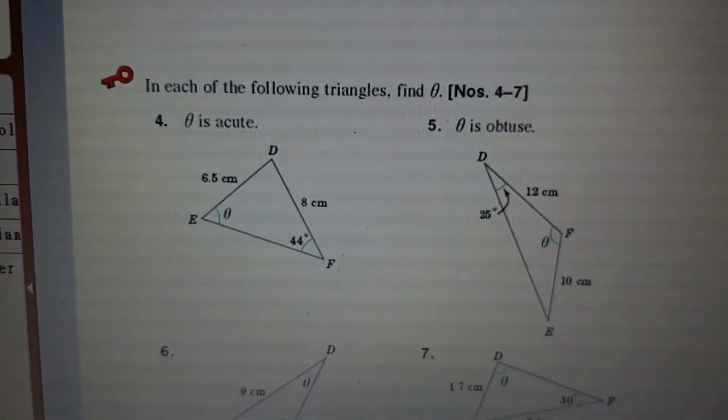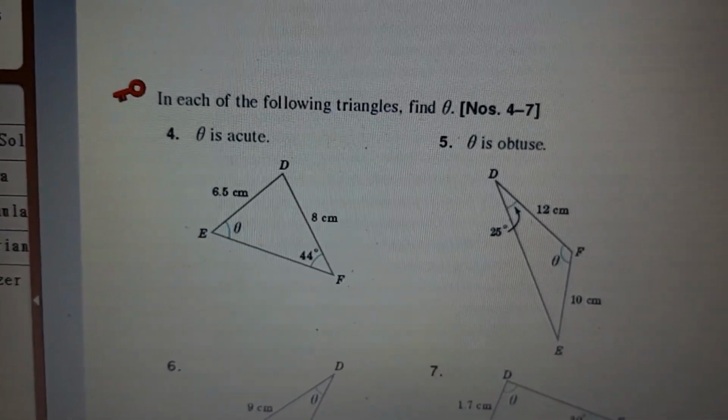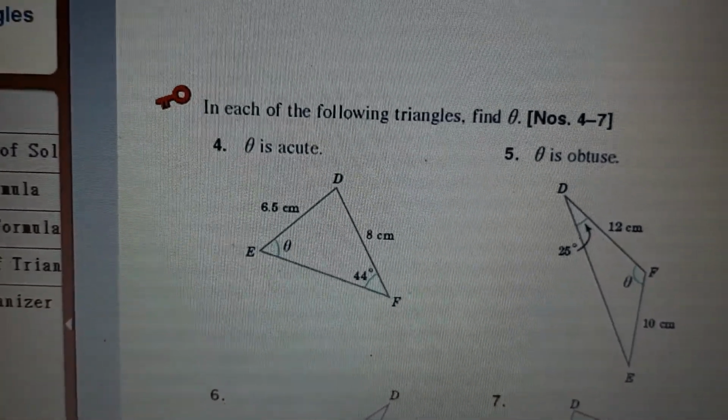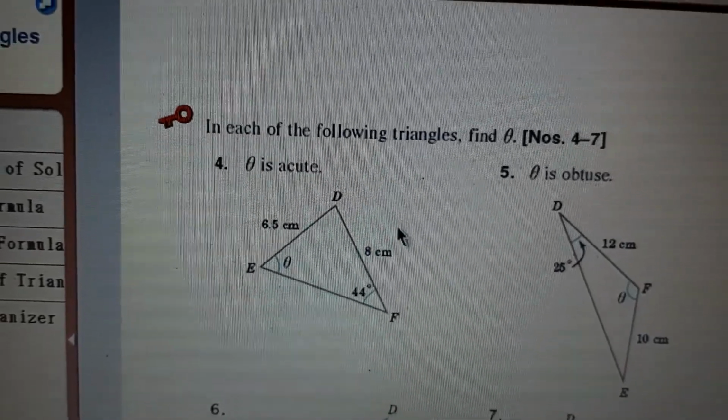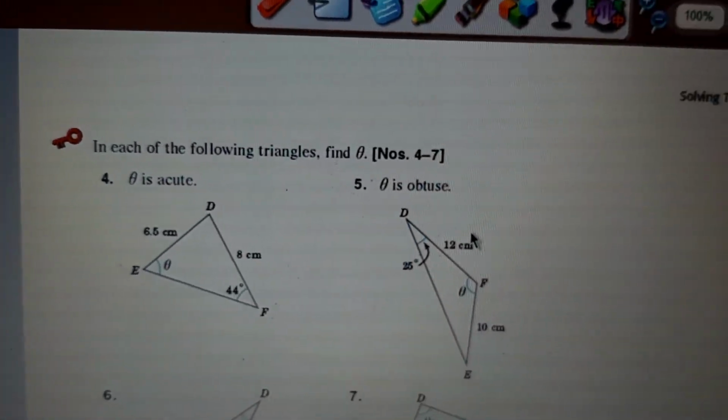Okay, question 4 to 7. In each of the following triangles, find theta. So in this one, theta is acute only. This one, theta is obtuse only.